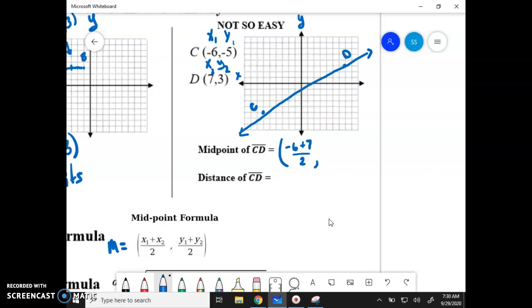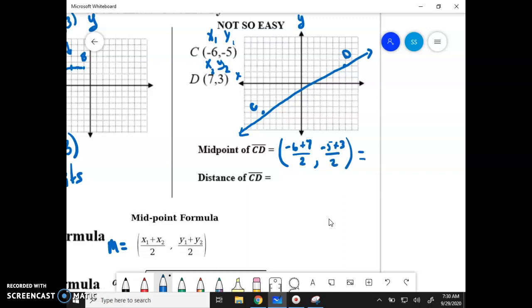It's going to find a spot on this Cartesian plane where exactly the midpoint is. Now I add up the y's: y1 plus y2 is -5 plus 3, divided by 2.